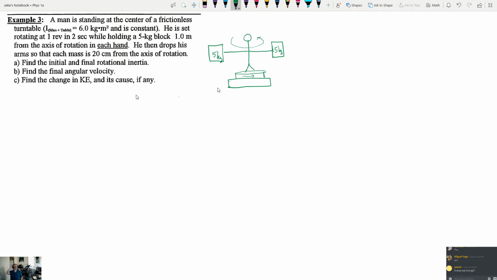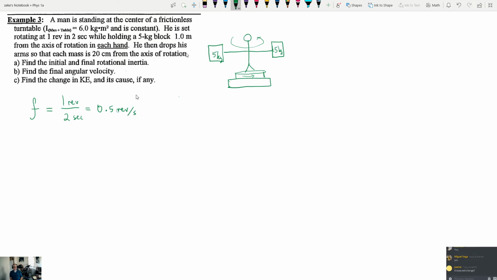The whole system is rotating around like this, and it says, what does it say? 1 revolution in 2 seconds. Okay, so I'm going to write that like this. His frequency is going to be equal to 1 rev every 2 seconds, which we would write as 0.5 revolutions per second.